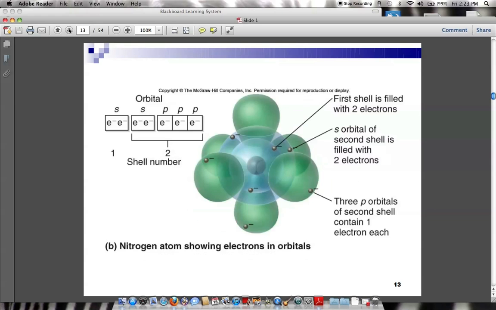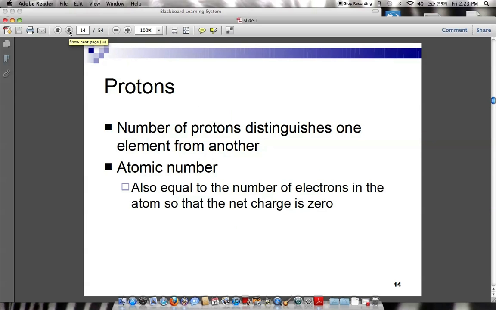Let's see what else. Okay, just showing you some more of these orbitals. Like I say, this is more chemistry stuff, and as long as you know the electron, proton, neutron, and as long as you know that we have electrons on the inner shells, and there's specific numbers of electrons that can fit in those shells, that's good enough for me.